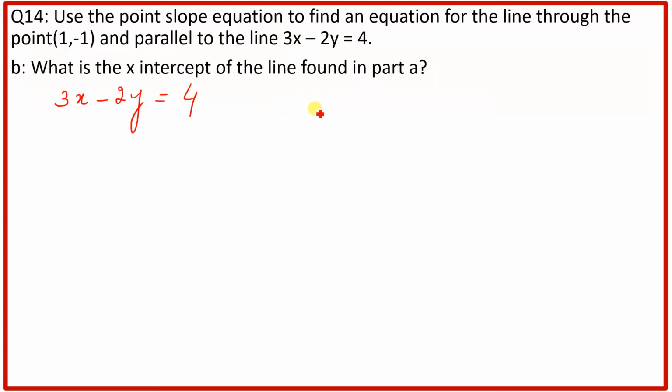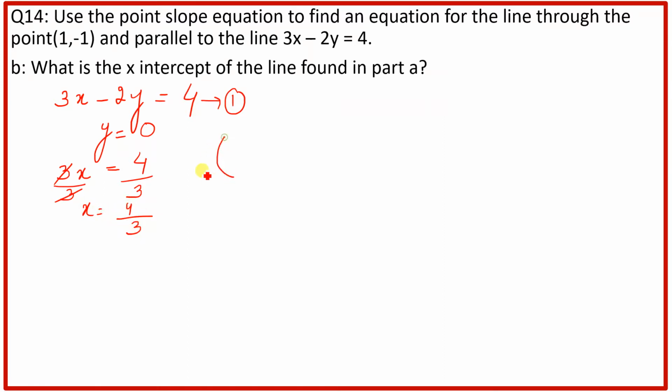First of all we will find the slope. How will we find the slope here? Suppose we put y equal to 0 in this equation. So it will be 3x is equal to 4, or x is equal to 4 over 3. So our first solution set will be 4 over 3 and 0, because always you have to write the x coordinate first.